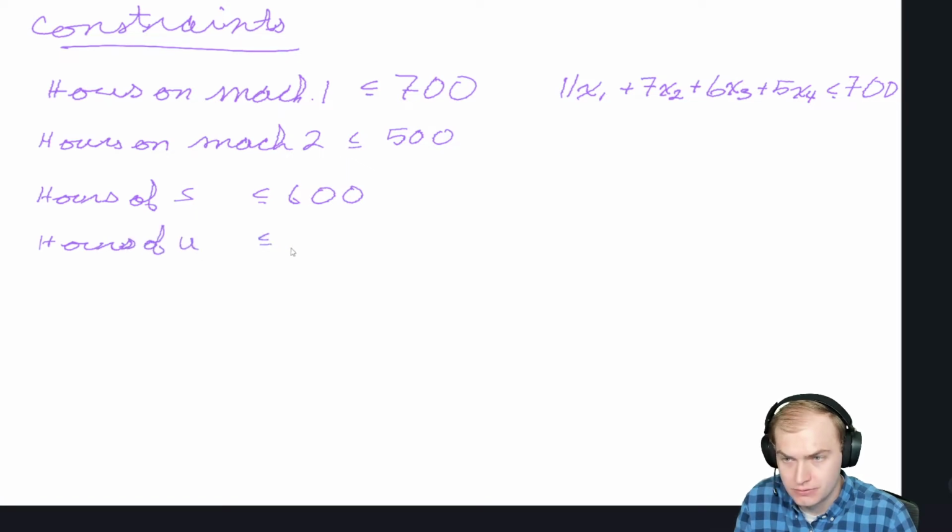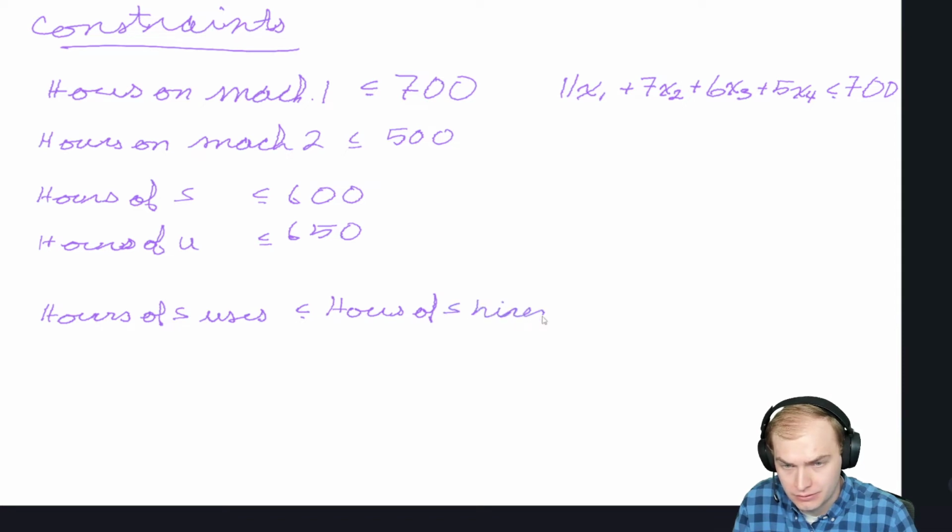Hours of U is less than or equal to 650. And here's the maybe more interesting constraints. Hours of S used should be less than or equal to hours of S hired.